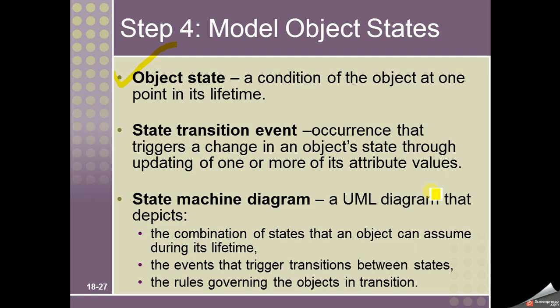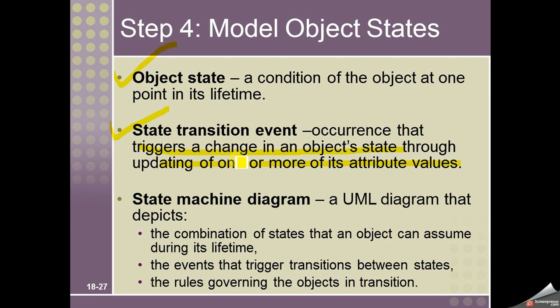So similarly, in any system, we need to identify all possible states of the objects and the events, state transition events, the occurrence that triggers a change in object state through updating one or more of its attribute values. So what triggers a change of the object from one state to the other?